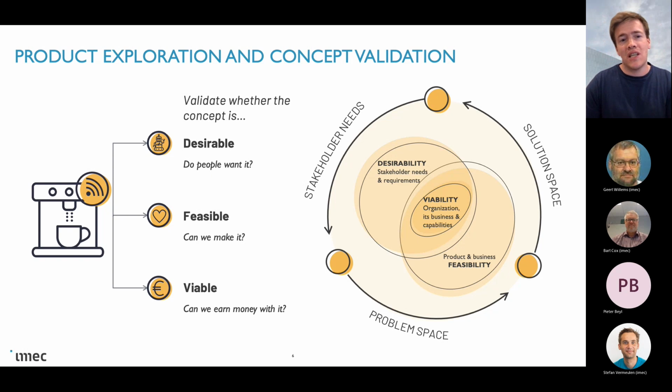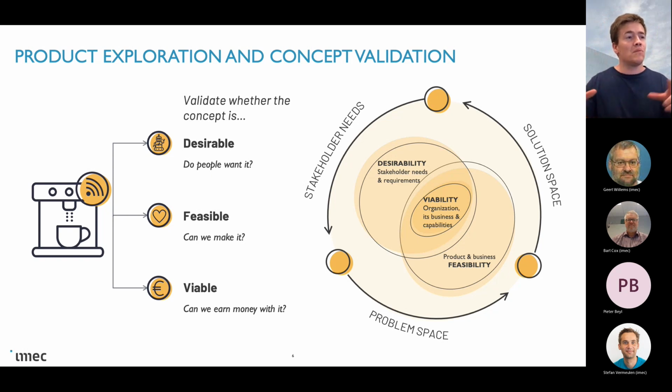So is a user actually interested in this product? That it is feasible? Are we as an organization able to make it? Is the technology actually ready? Do we have the expertise? And then, of course, viable. Is there a way that we can make money with it, and is the market ready? What does the competition do? How is it evolving? What does the ecosystem look like?